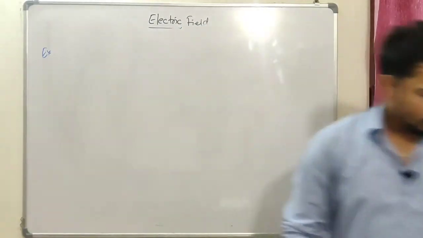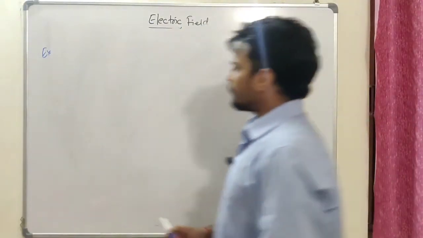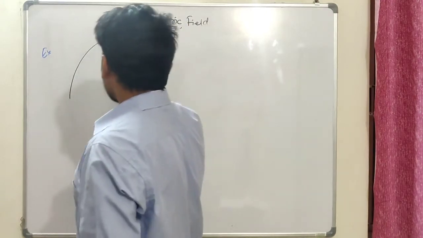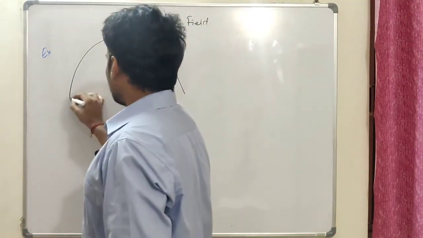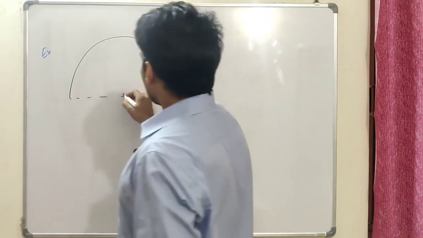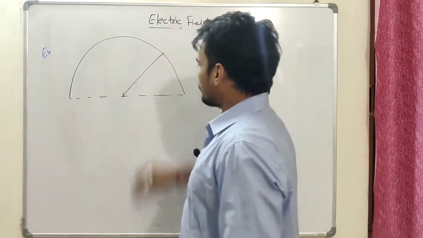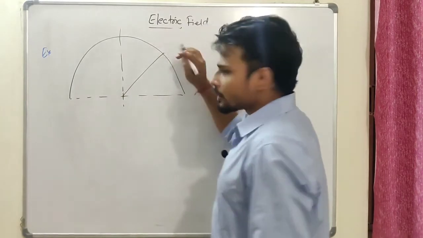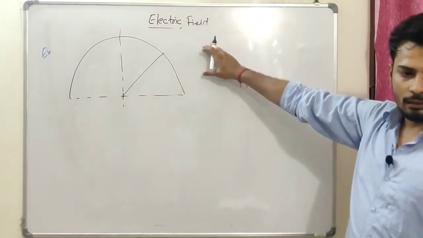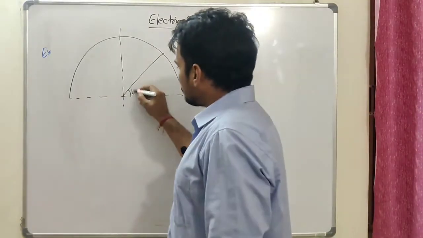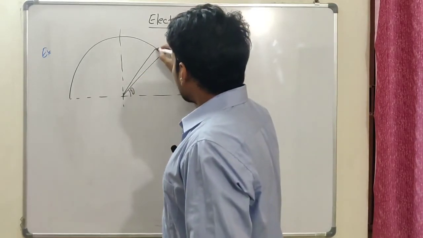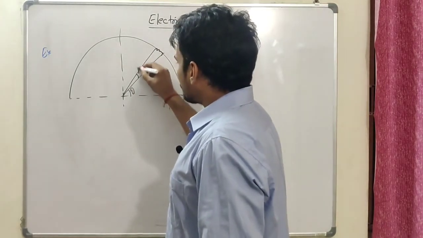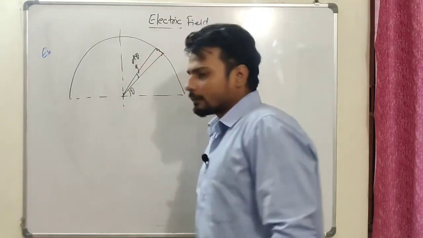What we're going to do over here, we know that the charge density is not uniform; it depends on the value of the angle. I'm going to choose a small element at this particular point, and let's say this angle is theta. The small element subtends an angle dθ. Same method we follow all the time.